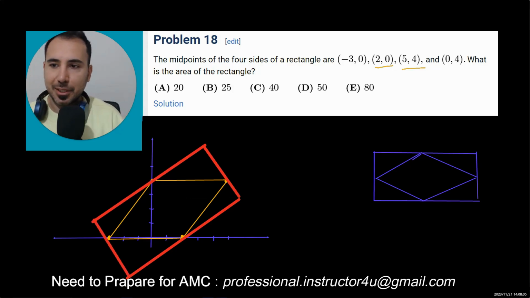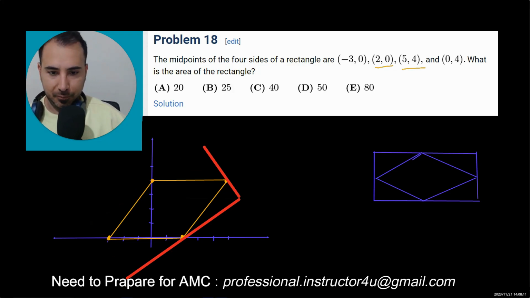Are we gonna use this rectangle and find all the points and minus them? No, such a bad idea, okay? We just wanna find the area of this parallelogram, the yellow one, times it by 2. So let me clean this one as well.